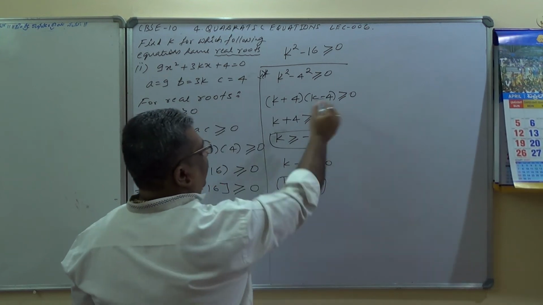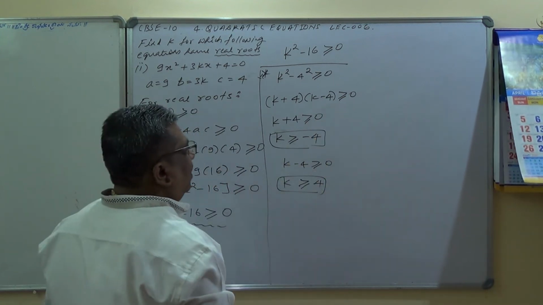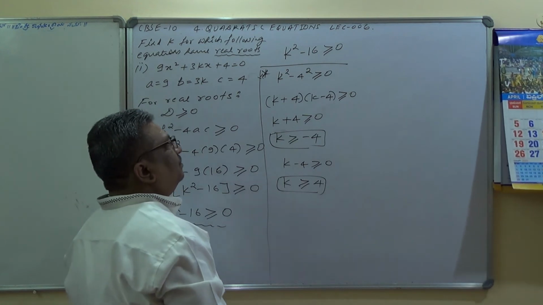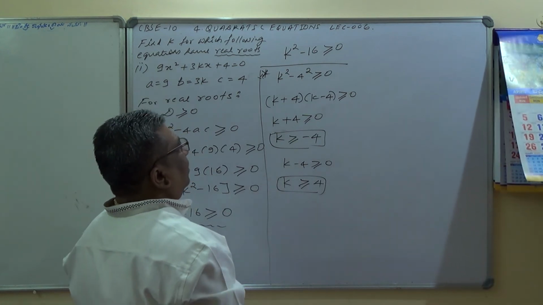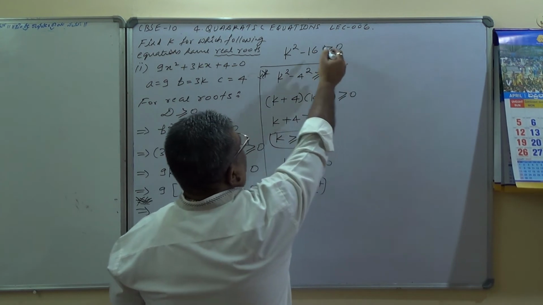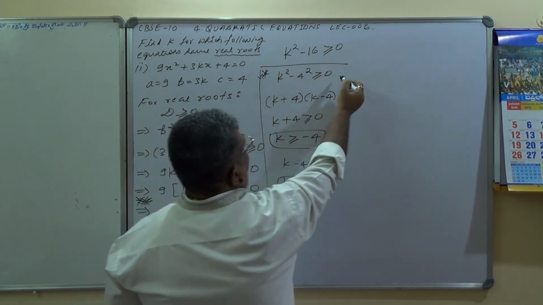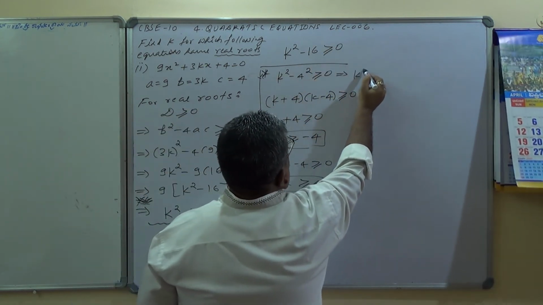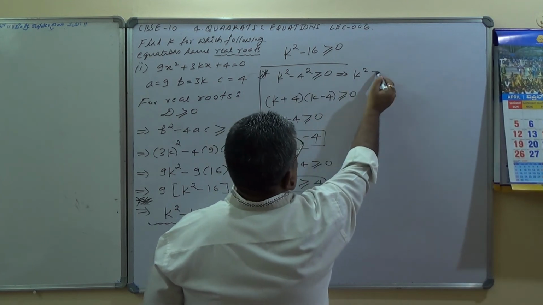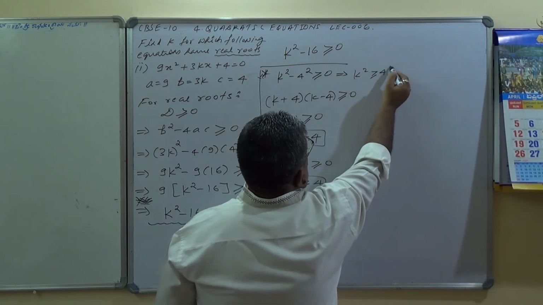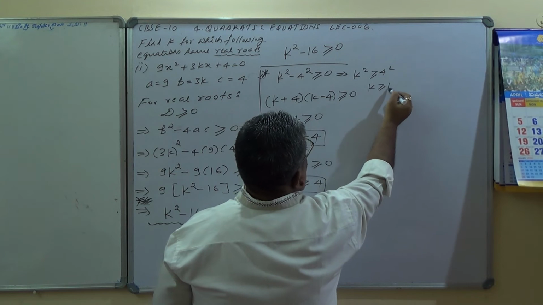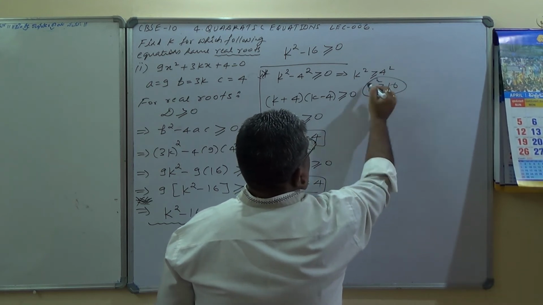So this is how by transposing we get. You understand? See, this also, for your understanding: k square, if I take this side, should be greater than 4 square, which is nothing but k square should be greater than 16. Correct or not?